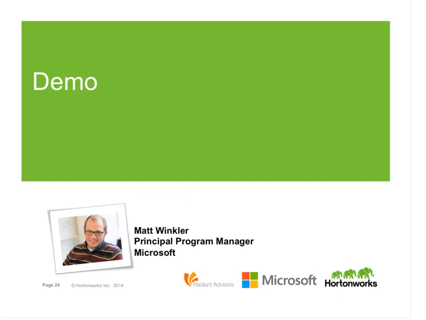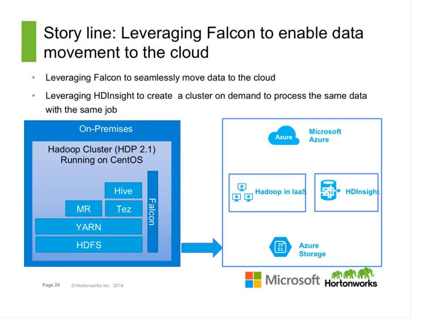Matt? Great. Thanks, Bob. What we'll start off with is a little overview of what we're going to show here. It's really about making the scenarios that Bob just talked about real. We're going to leverage a component called Falcon to handle the data movement.